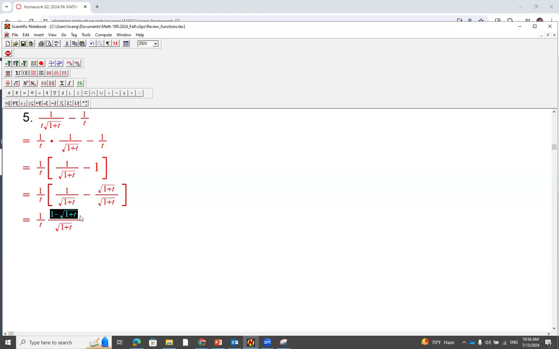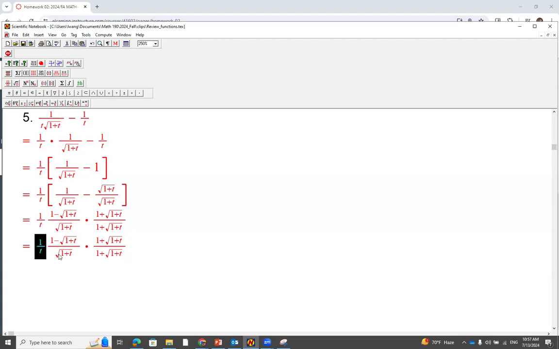You can see now we have the necessity in some cases of rationalizing the numerator. How do we rationalize the numerator? We just multiply by the conjugate of the numerator, which is 1 plus root 1 plus t, over 1 plus that root. So now we get to use the property of conjugates.